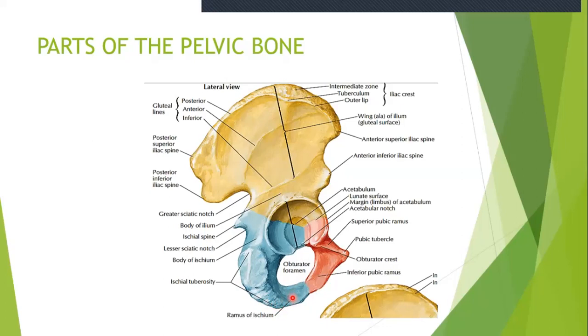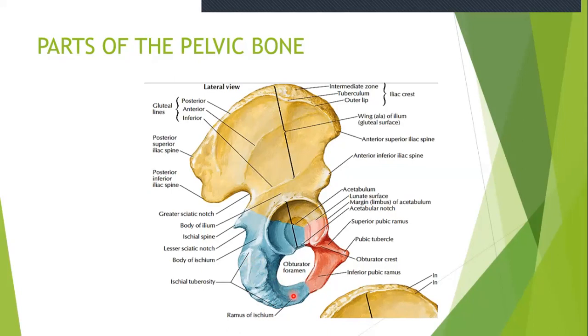It also has a ramus. This is the ramus of ischium. Where the pubic bone and the ischium meet, some texts refer to this as the ischiopubic ramus.